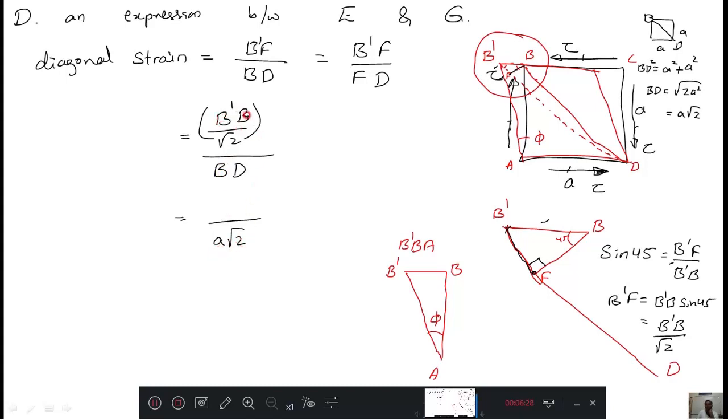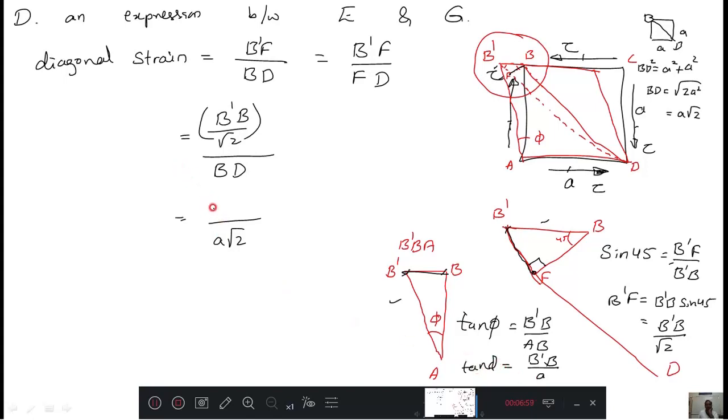Then what about B dash B? I come to this diagram. I represent tan phi equal to opposite B dash B divided by adjacent AB. The distance AB is A, therefore B dash B equals A tan phi.